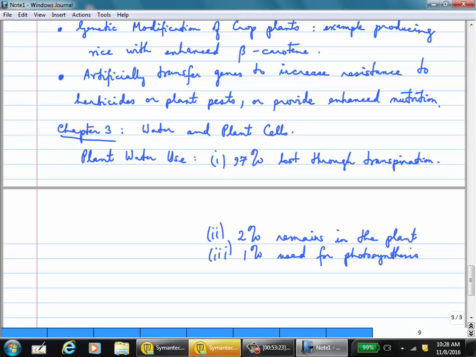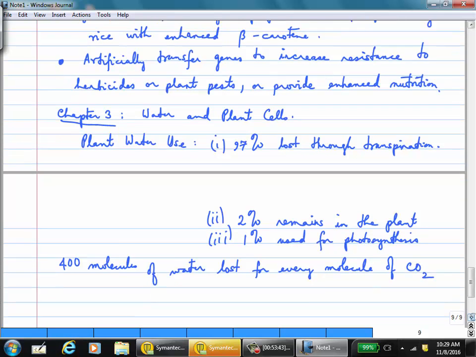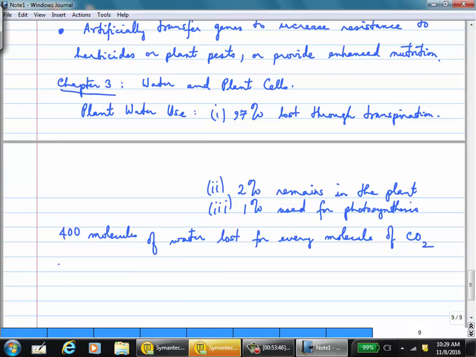So 400 molecules of water lost for every molecule of carbon dioxide taken in.